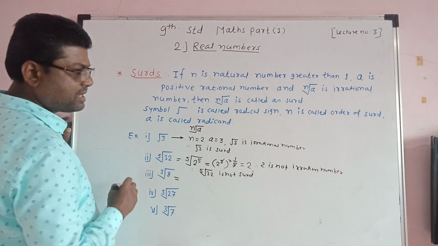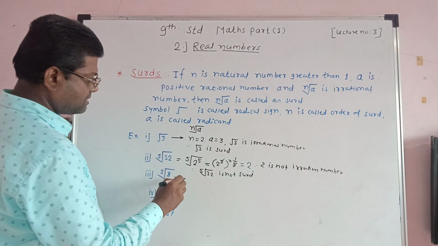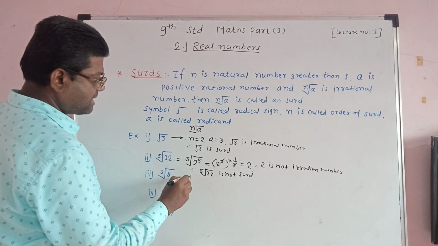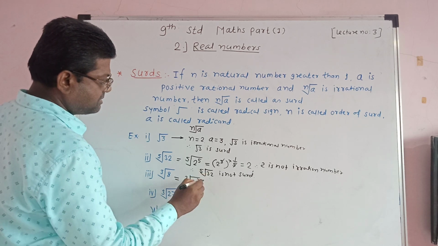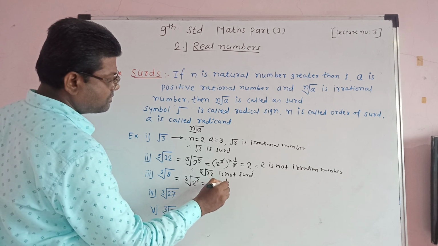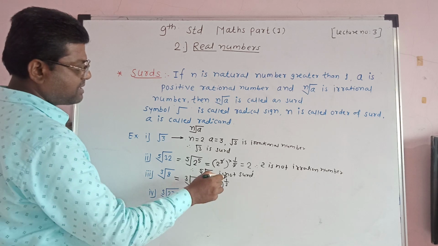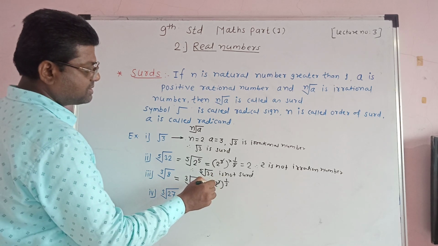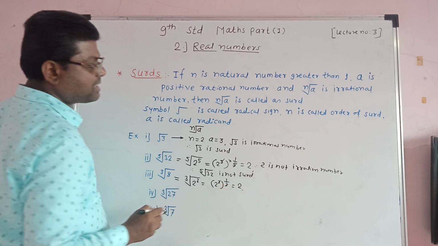Now consider the next example, cube root of 8. 8 can be written as 2 raised to 3. So this is equal to 2 raised to 3, raised to 1 upon 3. The 3s will get cancelled and the answer is 2.